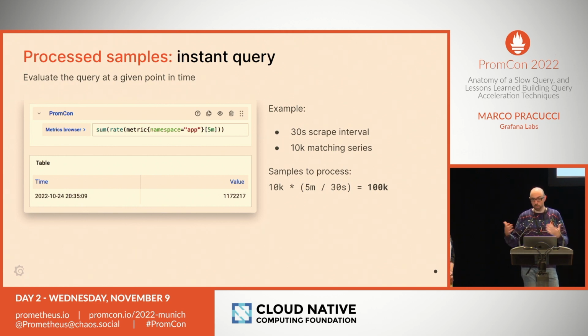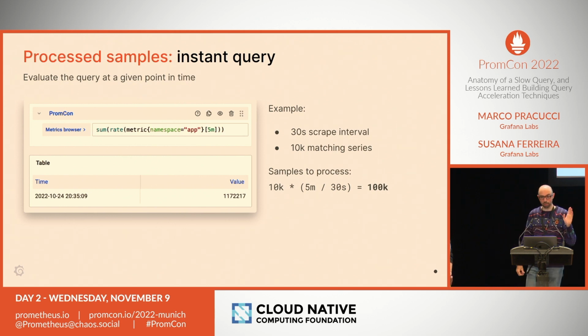And again, let's make another assumption, that you configure Prometheus or the agent with a 30 seconds scrape interval. So over the 5-minute time interval, you have 10 samples. The total number of samples we have to fetch from the storage and process is 10,000, which is the number of series, multiplied by 10 samples per series, so 100K.